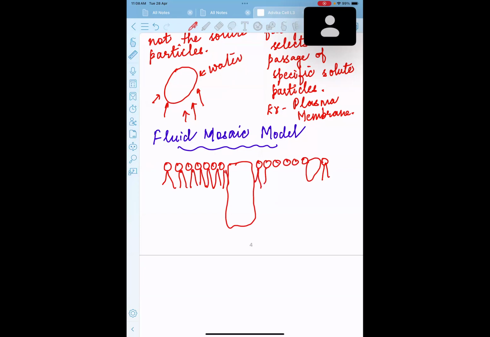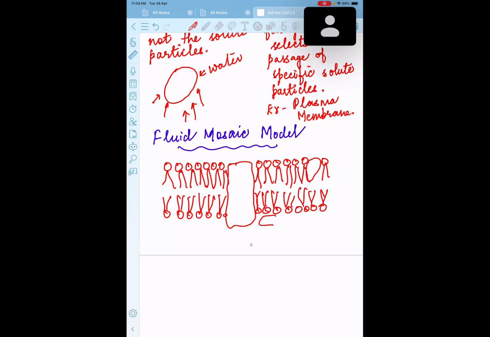Same way, on the downside they will also have the head, and inside they will have the tail going to the inner part. This doesn't look like a sandwich. Yes. So, like this, they will have the structure.